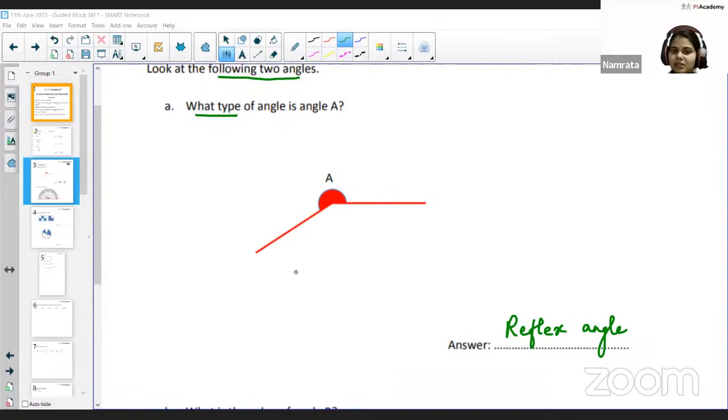I hope this is clear, and this clearly indicates that this angle is more than 180. If I draw a straight line here, we carefully observe, this one will be more than 180. So reflex angle is always greater than 180 degrees, but less than 360 degrees.